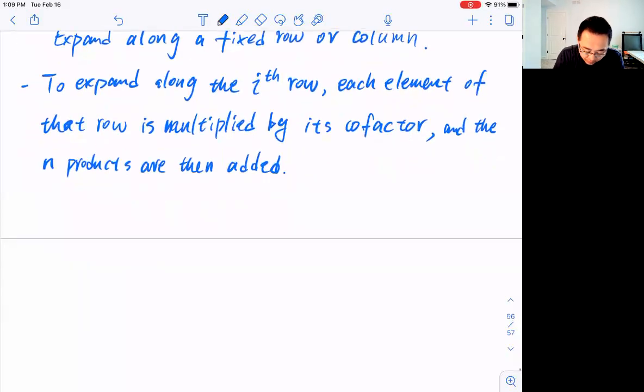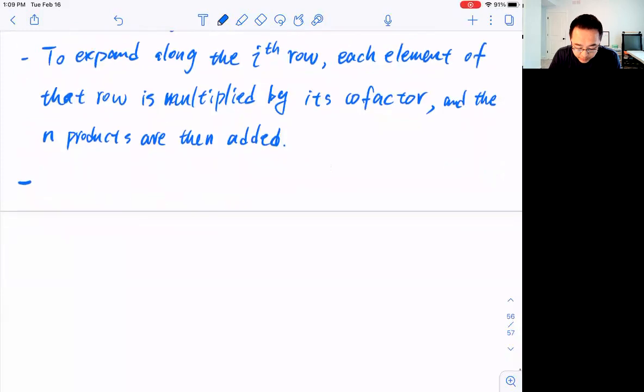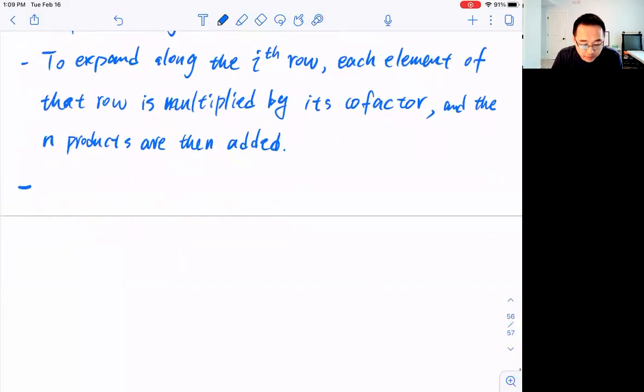Now if you want to expand along a column, let's talk about that as well.